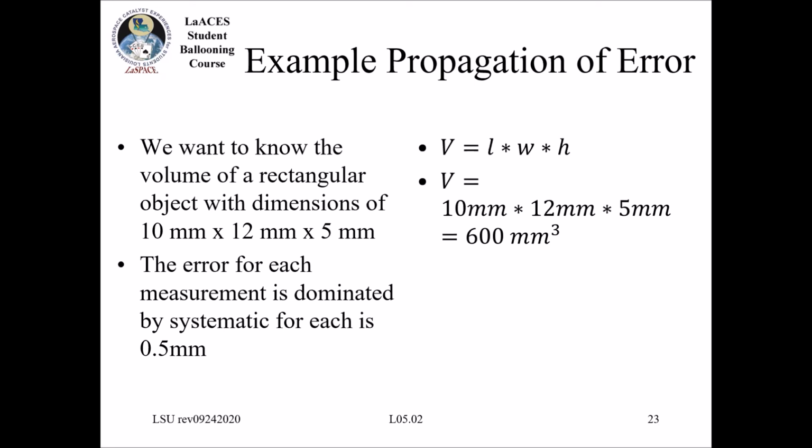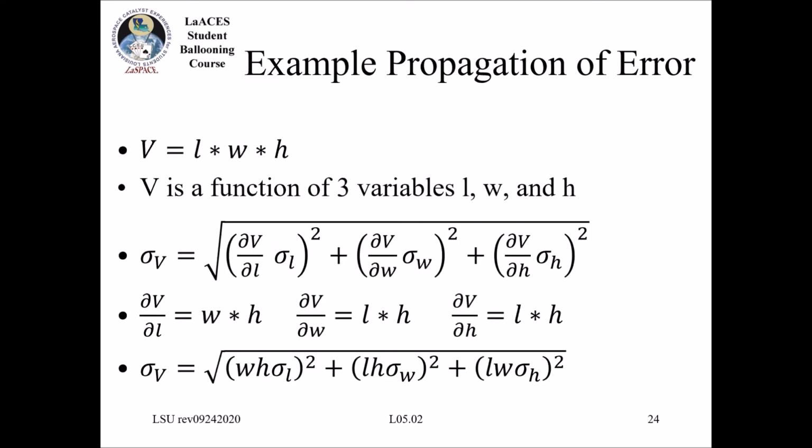So I'm going to say that I can read this ruler down to half an increment, so half a millimeter. Okay, well, the formula for a rectangular prism is just length times width times height. So 10 times 12 times 5, 600 millimeters cubed. Fairly straightforward. So now I need to calculate what's the error in that volume.